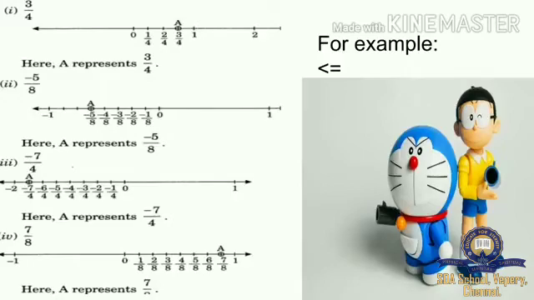If we divide 8 by 8, the answer is 1, right? Here we are getting 7 units between 0 and 1. Where does 7 by 8 lie? In between 0 and 1. We name 7 by 8 as A. Here A represents 7 by 8. I hope you are understanding this.